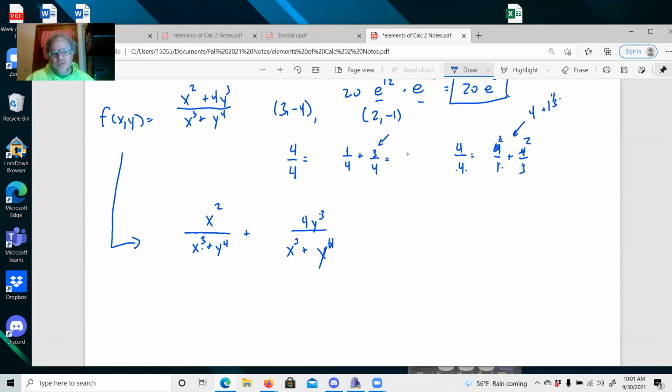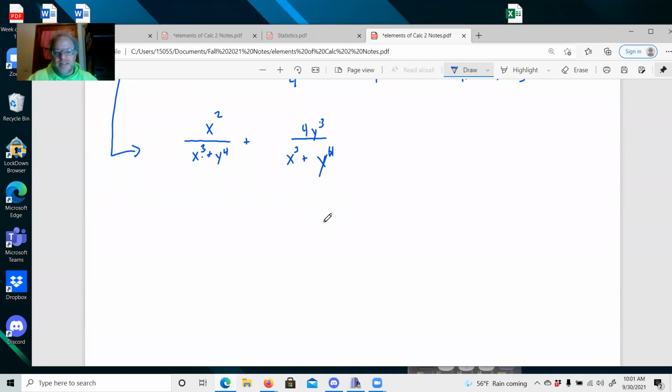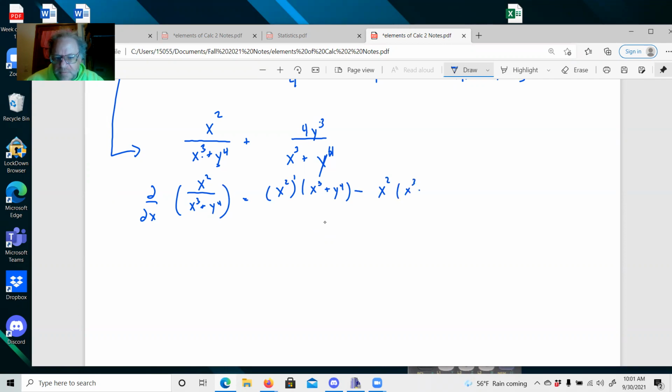So this one's not so bad. This one is going to be quotient rule because we have to take the derivative with respect to x. Now remember, y is going to be considered a constant. So when we take the derivative with respect to x, we have x squared over x cubed plus y to the 4th. Remember quotient rule: derivative of the top times the bottom, minus the top times the derivative of the bottom.